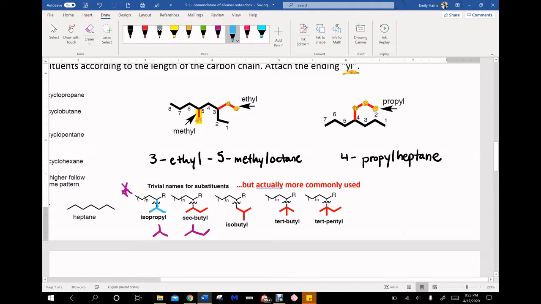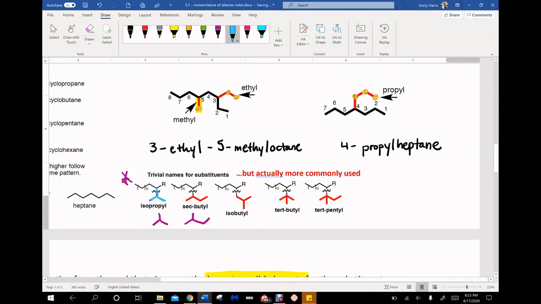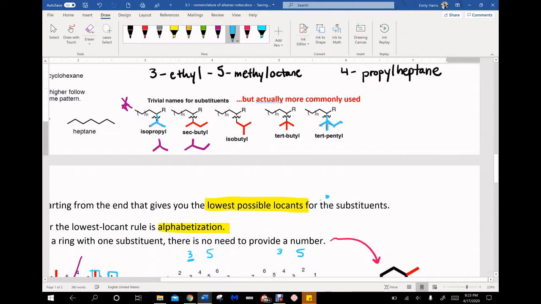Then if we look for what matches the other one, that would be the tert-pentyl group. What that means is you have a tertiary carbon at the center, and pentyl is referring to the 5 carbons that you have as well. So tertiary carbon at the center, and you have a total of 5 carbons in that branching group.